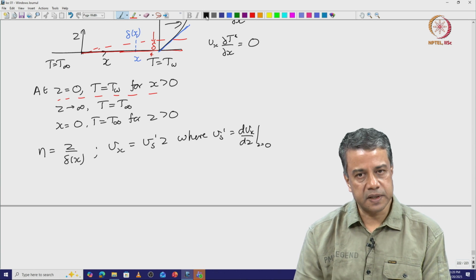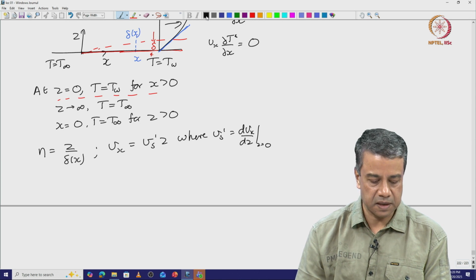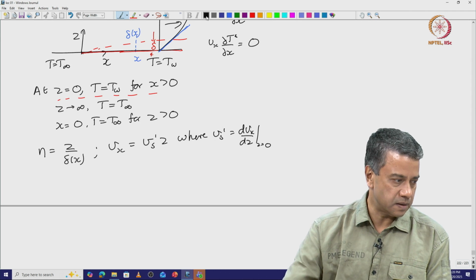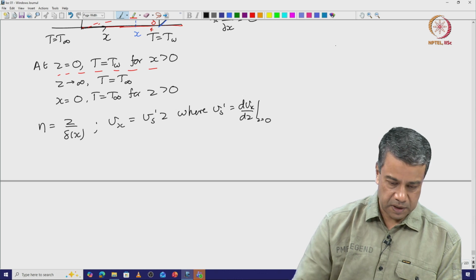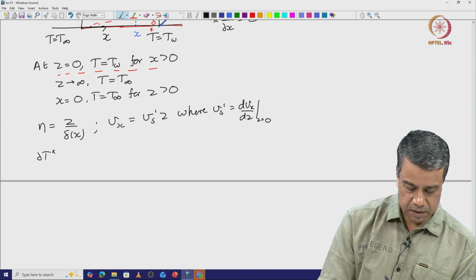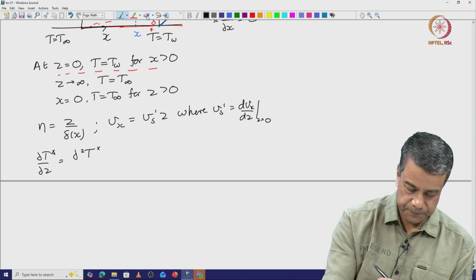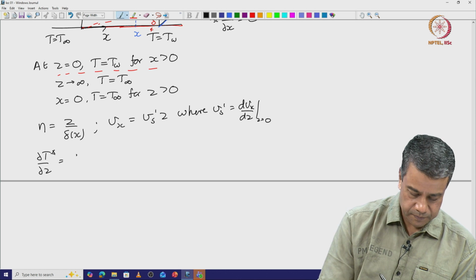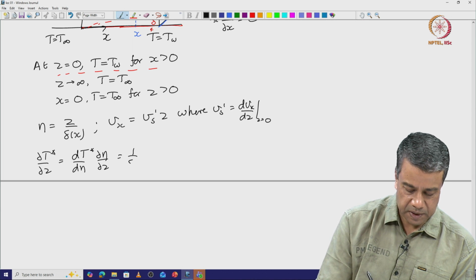And then we have to express the temperature derivatives with respect to x and z in terms of the temperature derivative with respect to eta. And that we had done in the last lecture. Partial t star by partial z is equal to 1 by delta dt star by d eta.